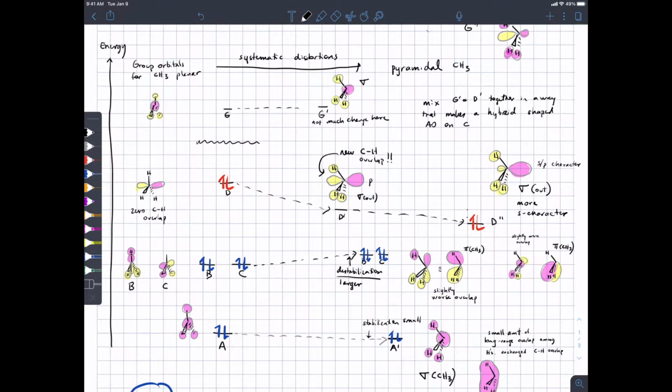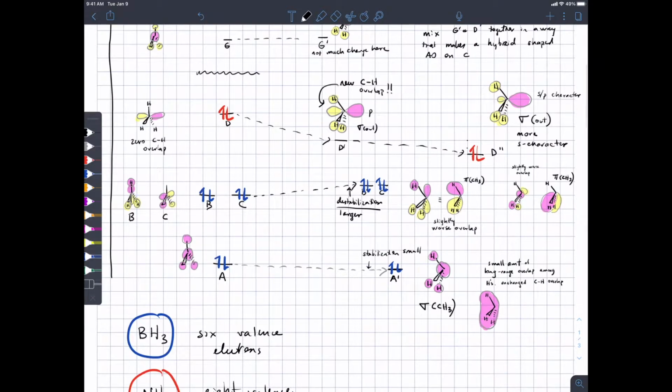You'll recall that last time we were dealing with group orbitals, we constructed them for planar CH3, and then through systematic distortions we made pyramidal CH3. And once we had constructed them, we identified a sigma type orbital, two degenerate pi type orbitals, and then the sigma out orbital, which is even more projected out toward where something might be to bond.